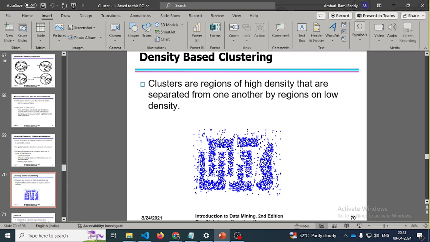If we see some thick data points which are very, very close, you may call this high density clusters or high density data points. These are some low density points. So these are the clusters, and they have some regions with data points of high density, okay.